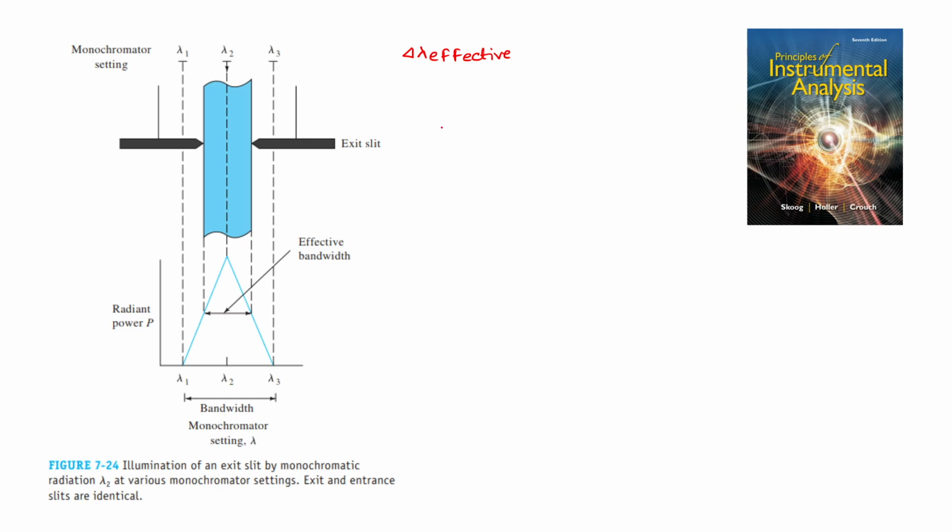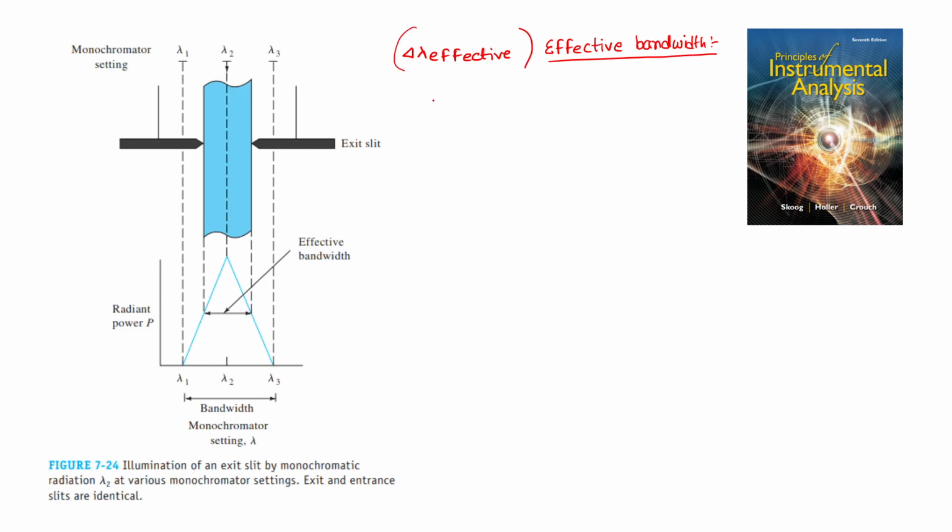So currently we are discussing delta lambda effective, which is the effective bandwidth. How can we relate this?